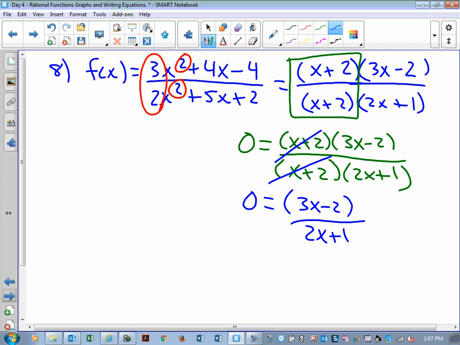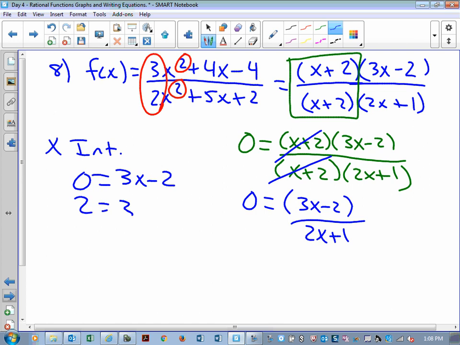If you're looking for your x-intercepts, all you have to do is set your numerator equal to 0, because when you multiply by the denominator, it's going to be times 0. So for our x-intercepts, we set our simplified numerator equal to 0.